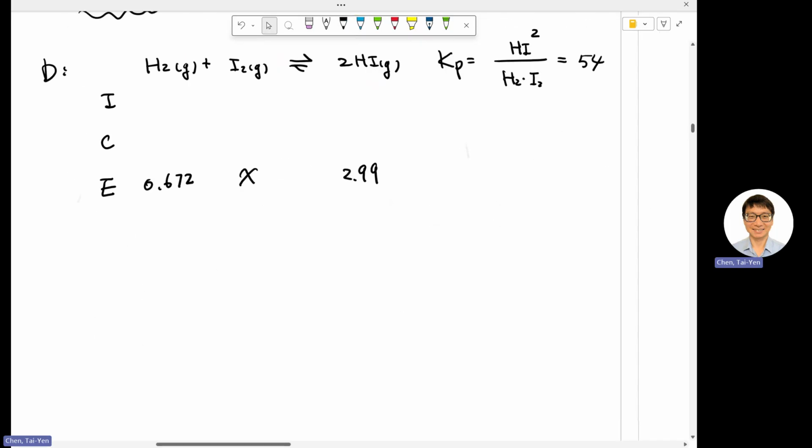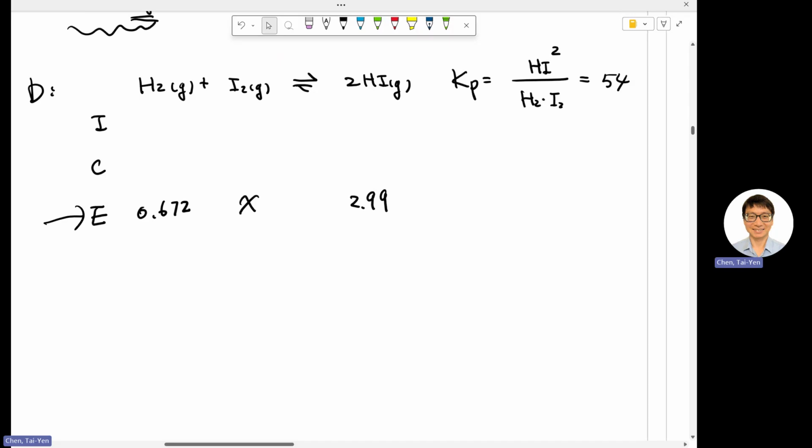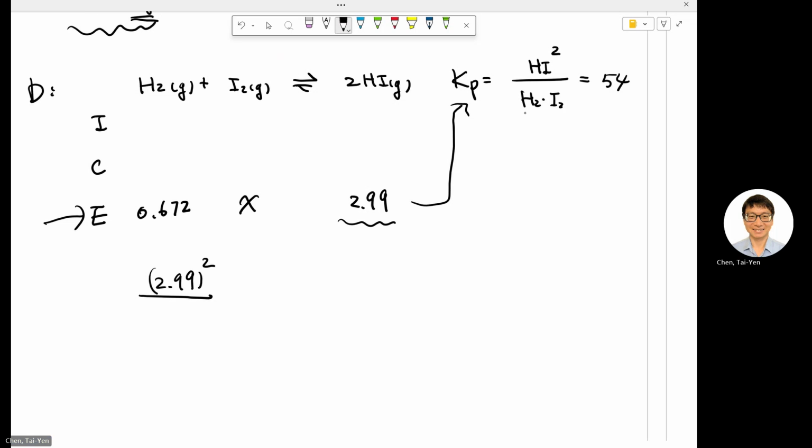Okay, so once you see all these values are in the equilibrium row, you can plug them into your Kp, right? Because your Kp is going to equal HI pressure 2.99 squared over H2 0.672 times the pressure of your I2, which is unknown.